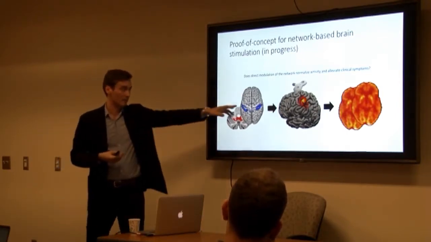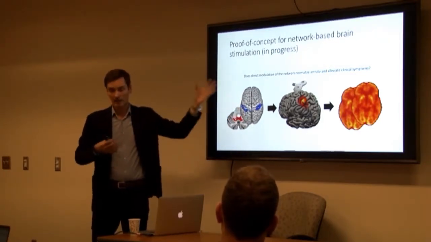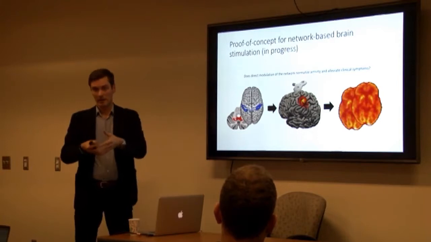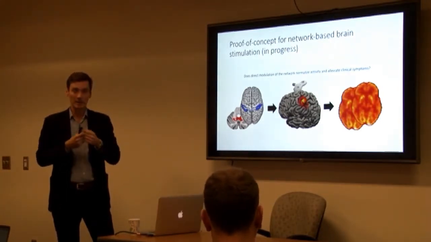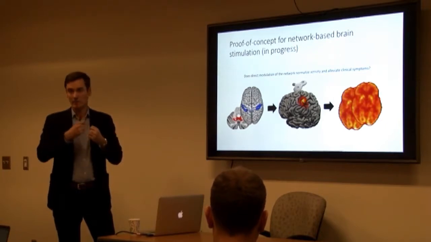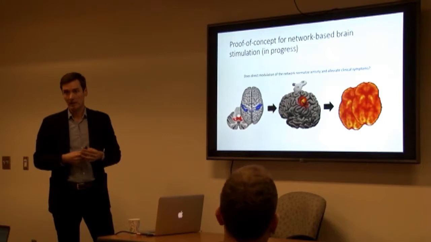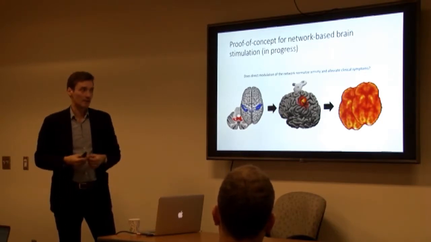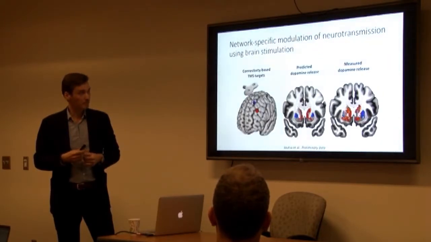So we take the target that we identified, stimulate it with TMS, and again measure the effects using PET imaging to verify that we can actually change brain function towards more normal in these networks that we have identified. And hopefully that will lead to improvement in patients' symptoms.